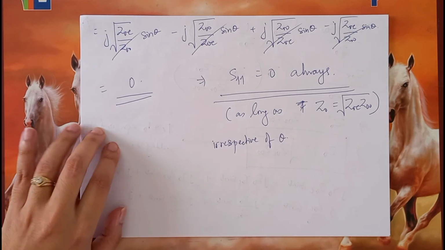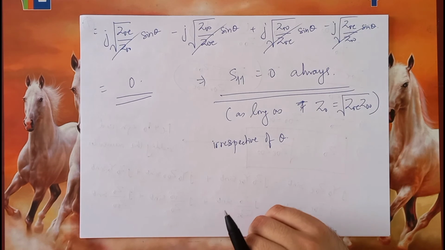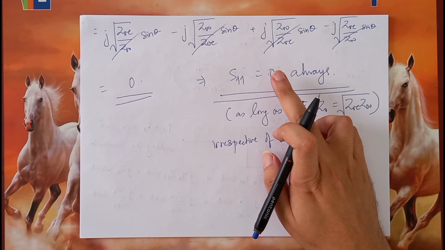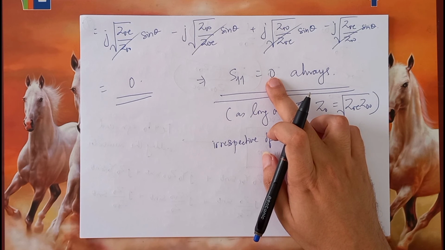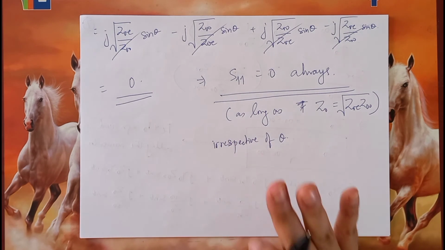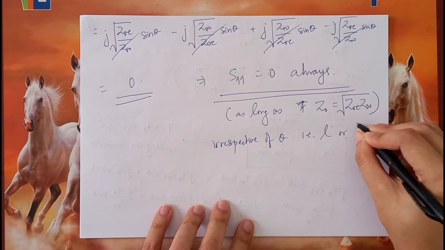So what does this mean? The lines can be really long, the lines can be really short, or the frequency can be anything. But the important thing is that all the ports, in particular S11, that is port 1, will be always matched irrespective of theta, that is length or frequency.